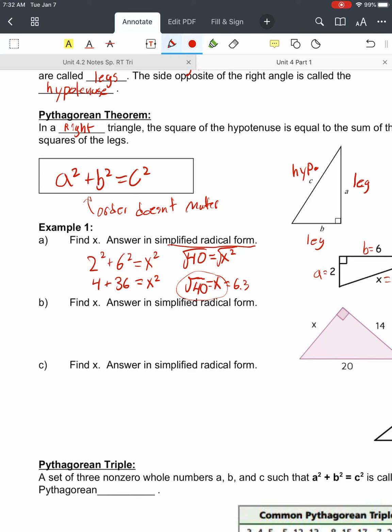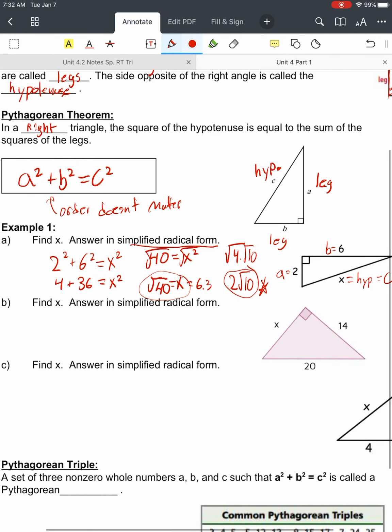We could break up 40 to be 4 times 10, or the square root of 4 times the square root of 10. Since the square root of 4 is a nice whole number, we can take the square root of that, and our ending answer would be 2 times the square root of 10.